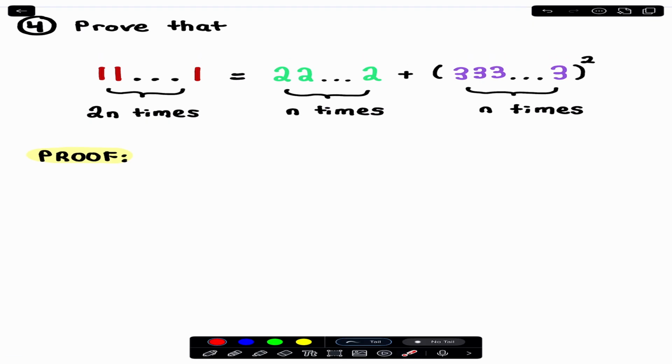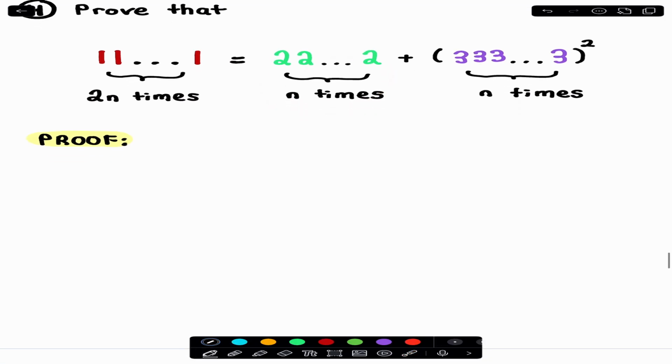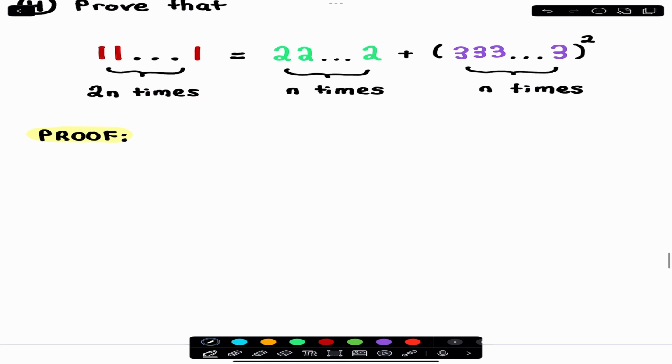So we're going to focus on this number first. 2 repeated n times is the same thing as 2 times 1 repeated n times.